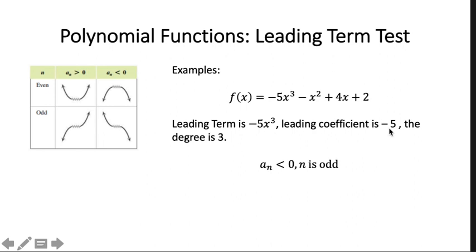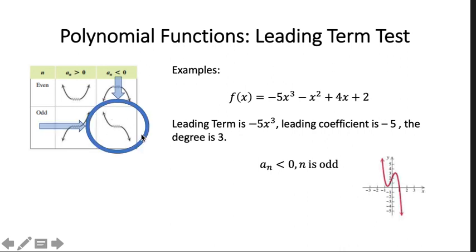The leading coefficient is negative 5. And the degree is 3, so it's odd. So if the degree is odd and the leading coefficient is negative, we have this graph right here. So you can see that this is actually the graph of this function.